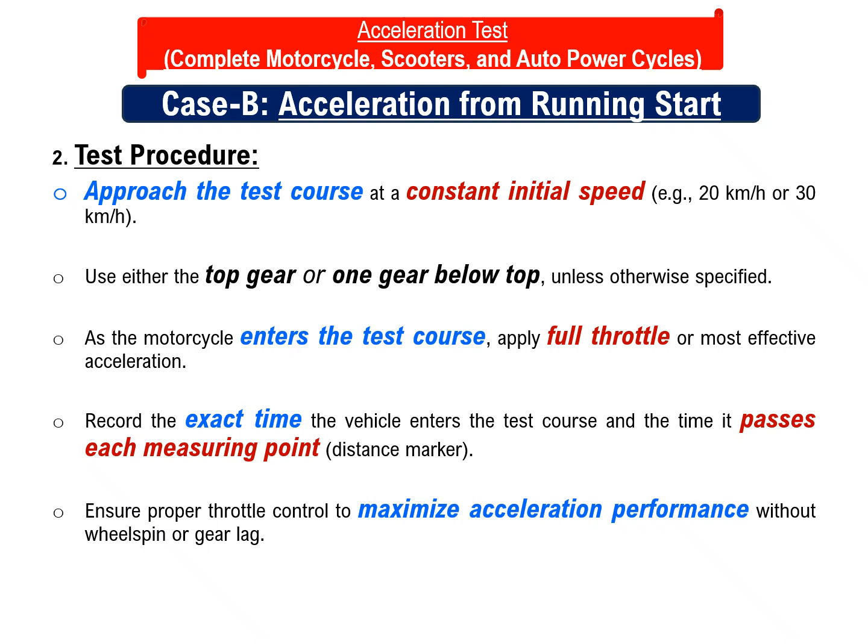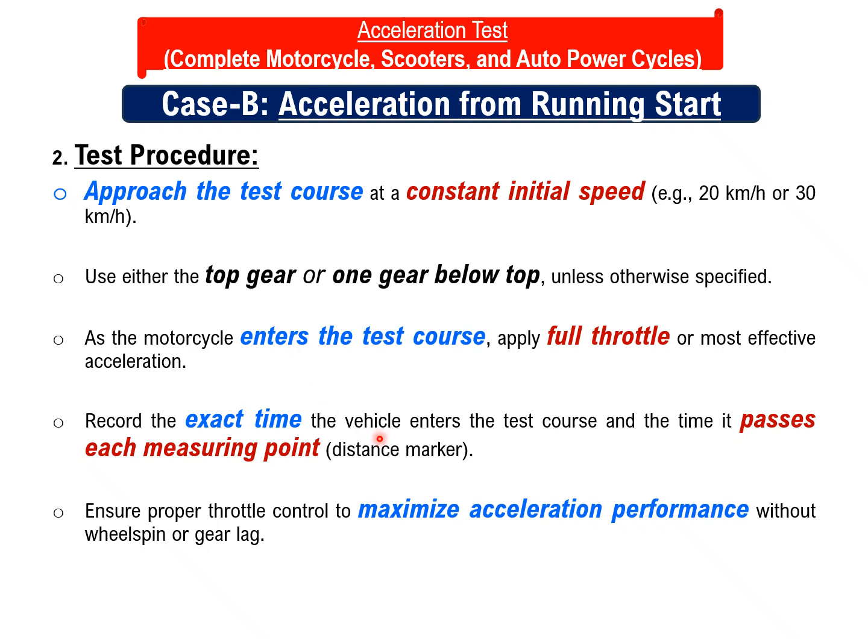The step-by-step test procedure is: approach the test course at a constant initial speed, that is 20 km or 30 km per hour. Use either the top gear or one gear below top unless otherwise specified. As the motorcycle enters the test course, apply full throttle or most effective acceleration.